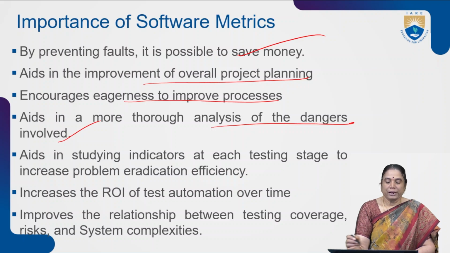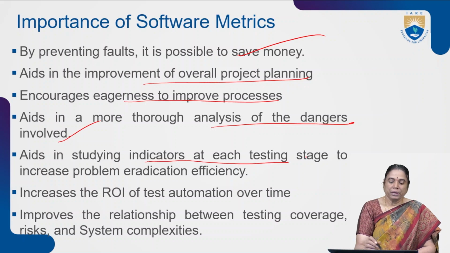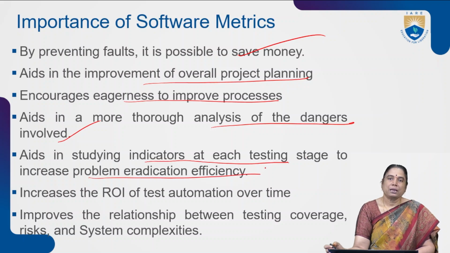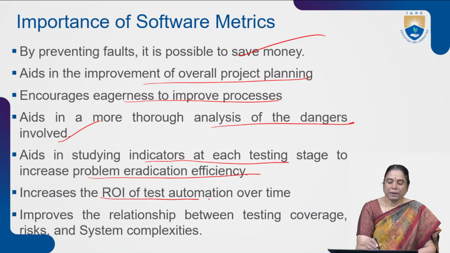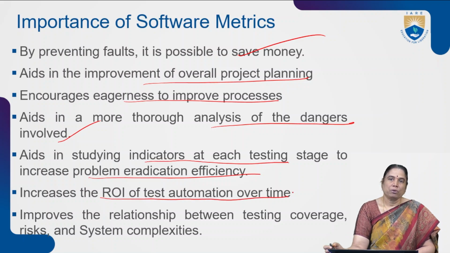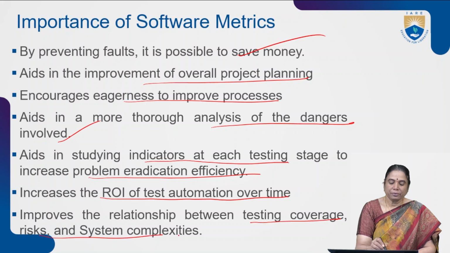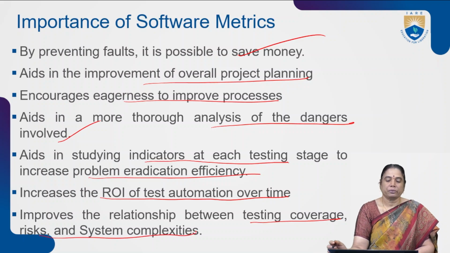It aids in studying indicators at each testing stage to increase problem eradication efficiency, increases the return on investment for test automation over time, and improves the relationship between testing coverage, risk and system complexities.